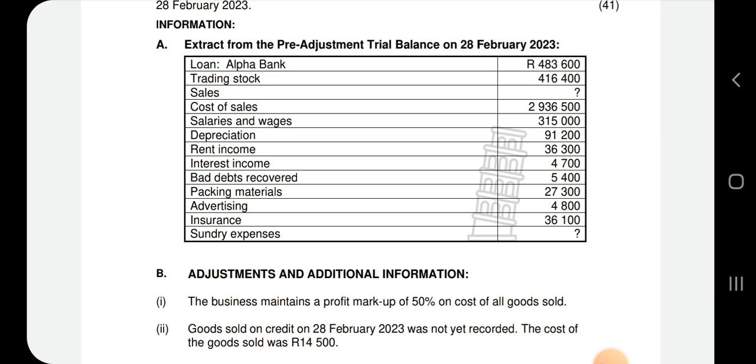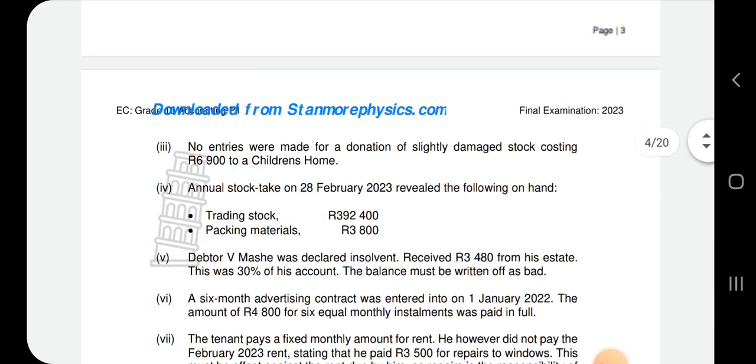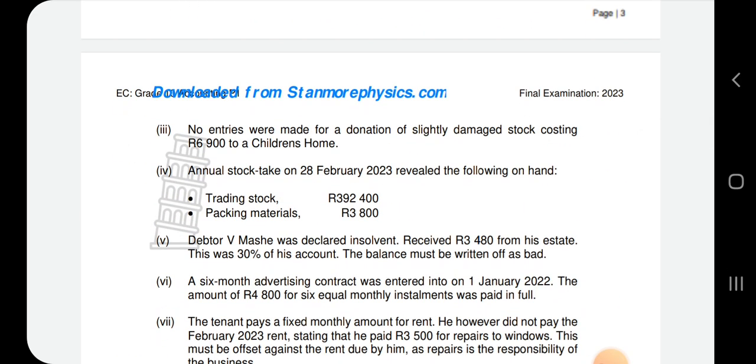When people are coming to buy and we're scanning their products, tilling, the computer says we have 416,400 rand, right? But when we do a physical stock count, we find out that we only have 392,400. So there's a shortage of stock, which may be due to theft, right?